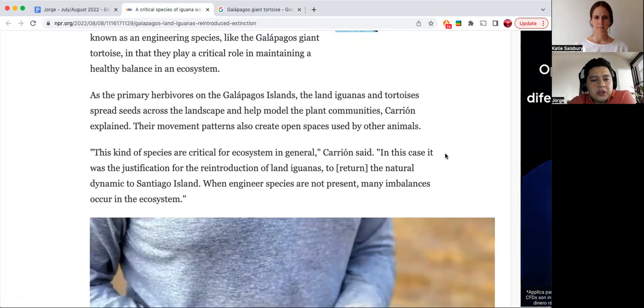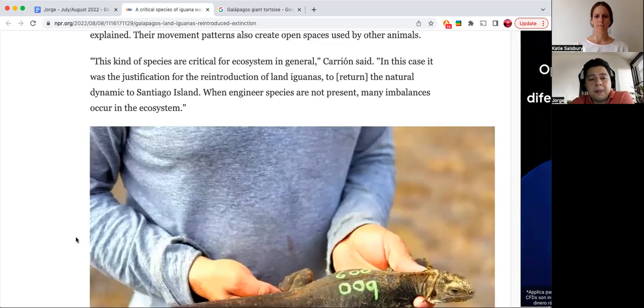These kinds of species are critical for the ecosystem in general, Carrion said. In this case, it was a justification for the reintroduction of land iguanas to return the natural dynamic to Santiago Island. When engineering species are not present, many imbalances occur in the ecosystem.